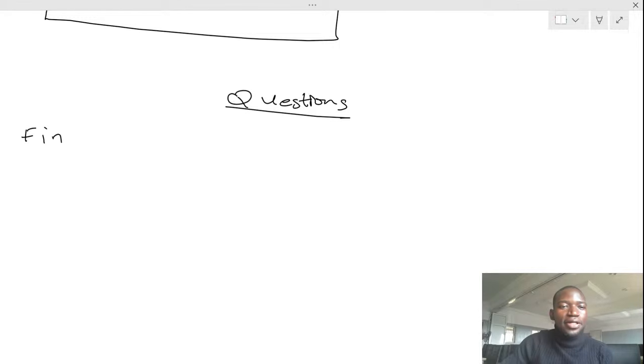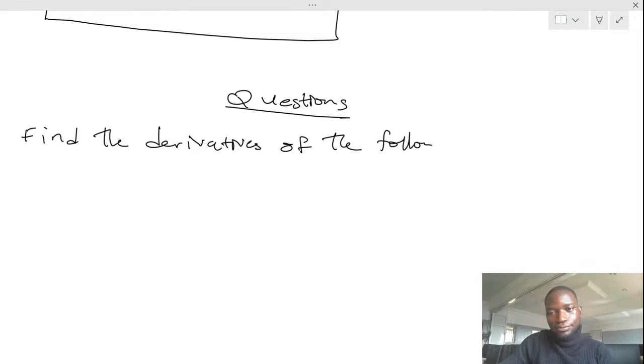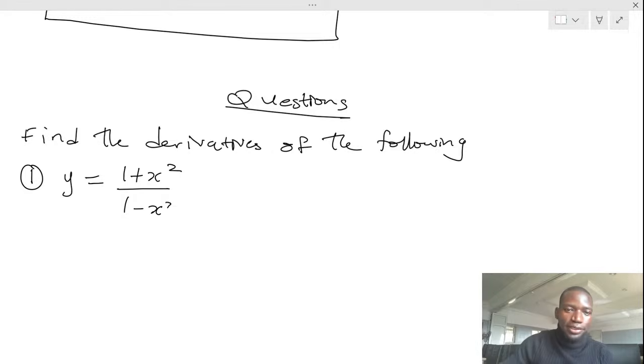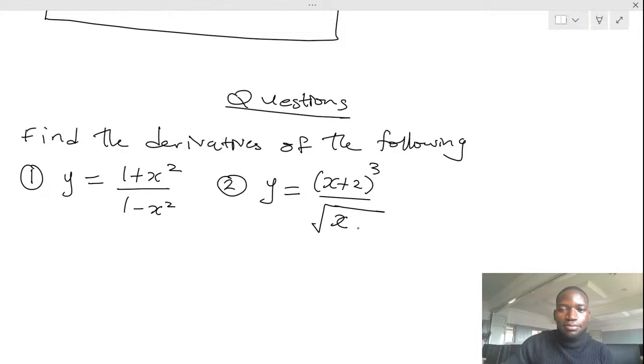So find the derivative of the following. Let's assume the first one is y equal to 1 plus x squared over 1 minus x squared. Let's just solve 3 questions. Then the second question, y equal to x plus 2, everything raised to power 3 over the square root of x minus 1.